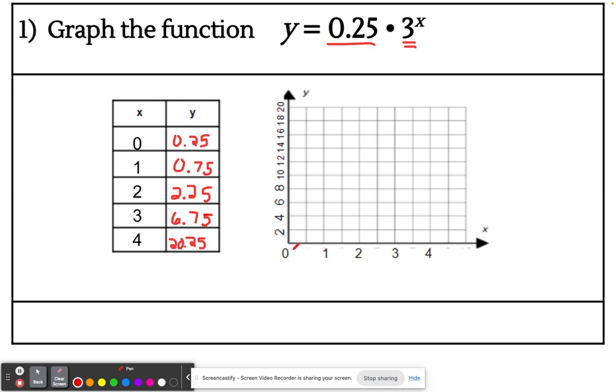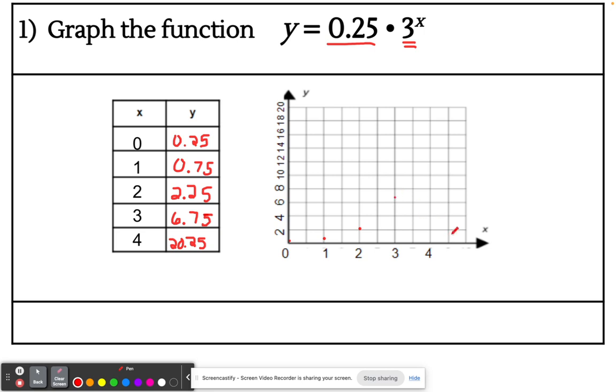So to graph this, my first one would be, well, this is 1, so it's going to be really close down here, because 1 would be halfway between 0 and 2. Then 0.75, that's not going to be quite halfway between, a little less than that, between 0 and 2. Then 2.25 is going to be a little bit above the 2. Then 6.75 is going to be almost to the halfway between 6 and 8.